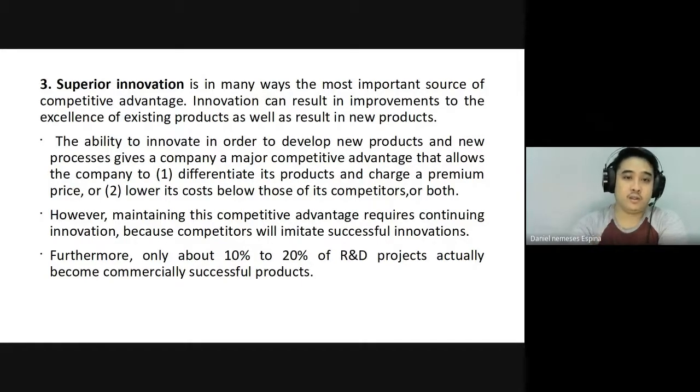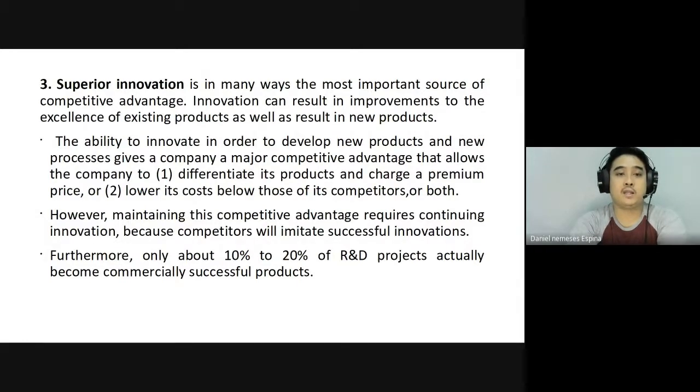Having an innovative product will help the company differentiate its product. So kung differentiated na to atong product, then it's an advantage because we can command the price, and the innovation can also be used to lower the cost compared to those of the competitors.